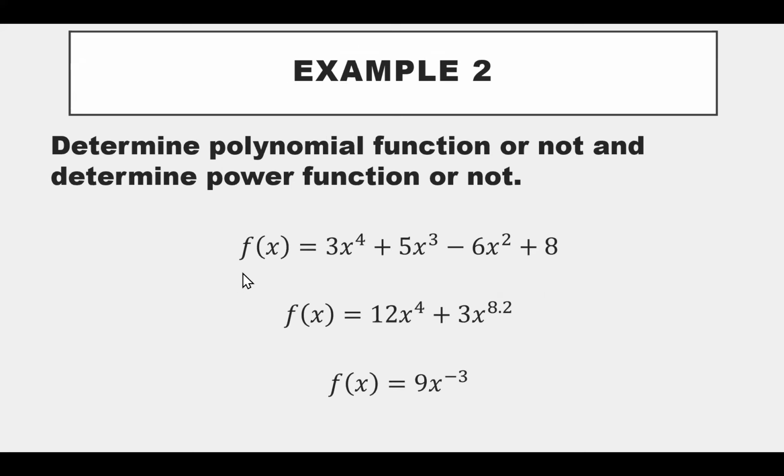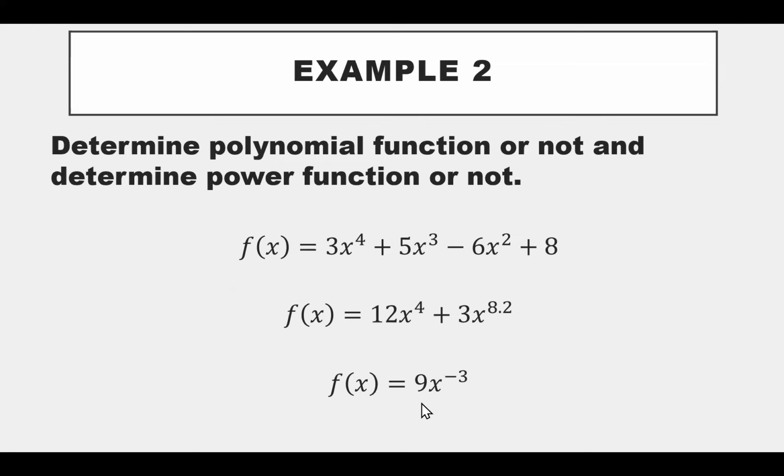Let's do another example. Here we have f of x is equal to 3x to the fourth plus 5x to the third minus 6x squared plus 8. And then a function whose output is 12x to the fourth plus 3 times x to the 8.2.